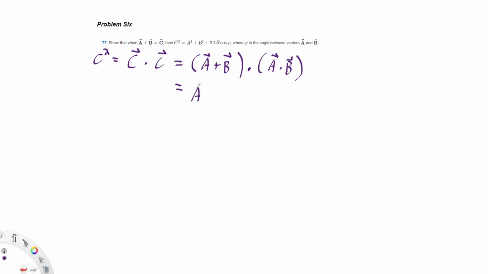So we get a dot a plus, so that's our first. Our inner is b dot a. Outer is a dot b. And last is b dot b.